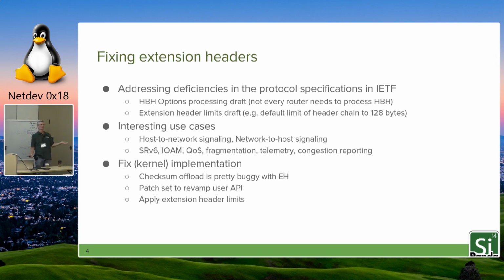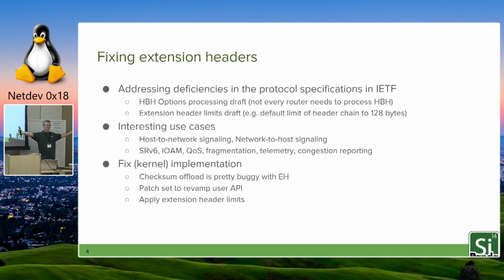So the problem is, who's dropping? Not everybody. Consider you have a data path, 10 nodes. One node is going to drop them for whatever reason. It takes just one node, which means I don't get end-to-end service.